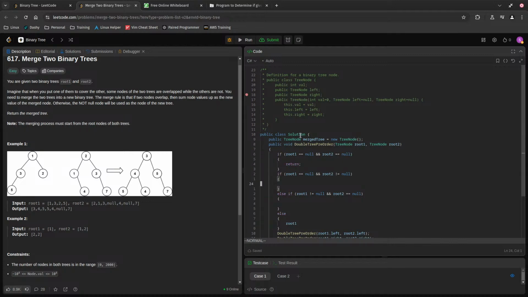Like that, then we'll just say merged tree dot val is equal to root 1 dot val plus root 2 dot val.